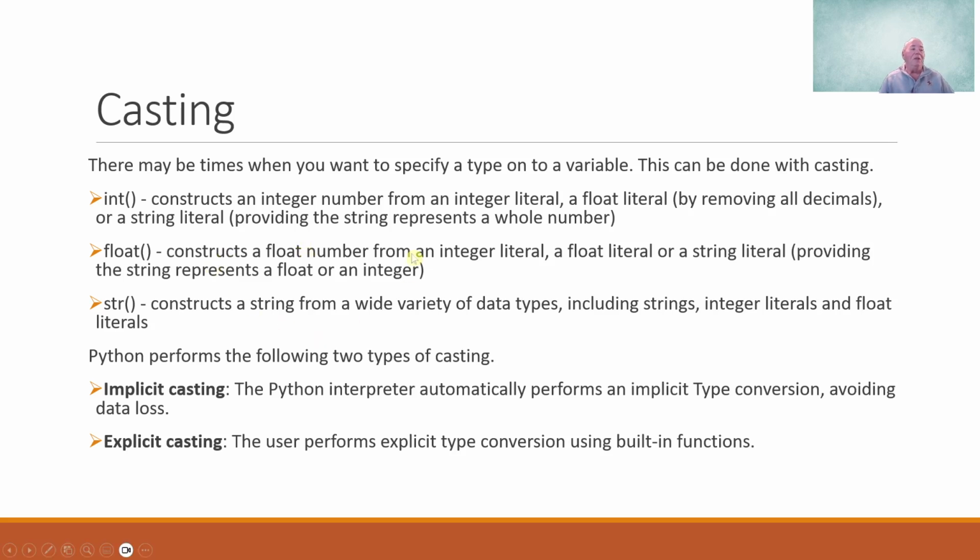Float does the same thing, except instead of integers, it's going to be doing floats. String, again, you can convert almost anything, to tell you the truth, to a string, and that becomes necessary. So kind of the reverse is true.